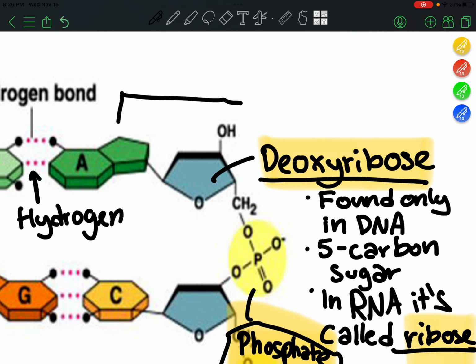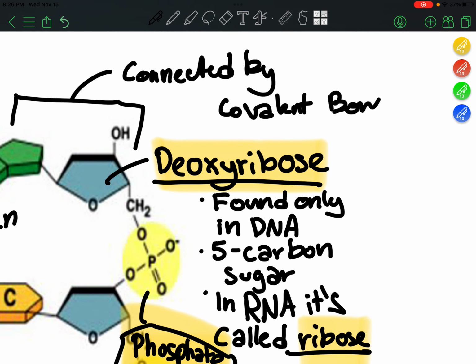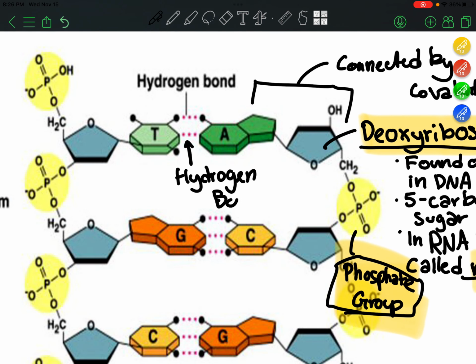So what I'm going to type right here is connected by covalent bonds. And then this is hydrogen bonds.